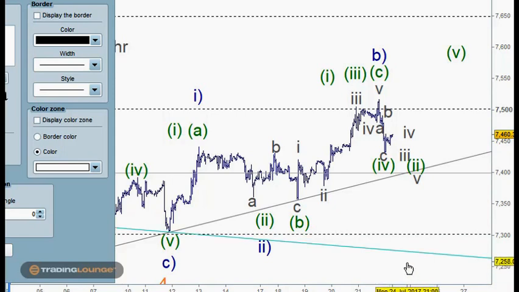So I don't know. If this is going to be a B wave here of just 3 waves up here, then if the 7-4 became the retested resistance, or we had a nice clean 5 waves down here, then we can look at being bearish.